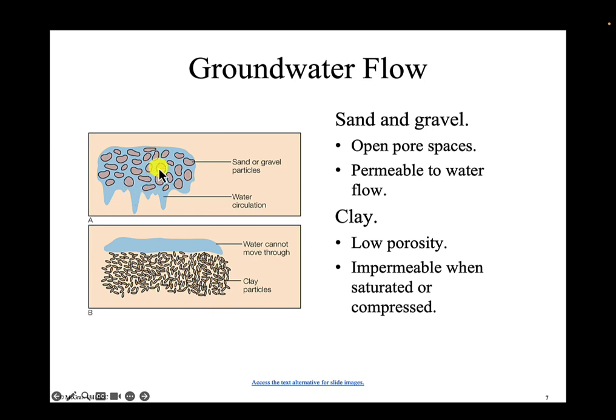If you have sediments such as sand and gravel, and by sand and gravel I mean the size of those sediments, we talked about this when we discussed sedimentary rocks, they usually have a higher porosity and a higher permeability, which means that the spaces between these sediments are bigger, so water can infiltrate better into these regions.